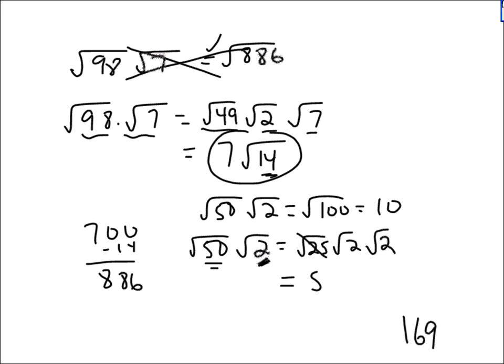Square root of 25 is 5 times the square root of 2 times the square root of 2 is 2. Oh, 5 times 2 is 10. Just like I got before. So only multiply together if you see it coming together. If you see the future. Here I see the future. 50 times 2 is 100. I know the square root of 100.